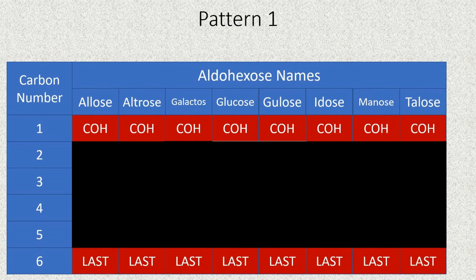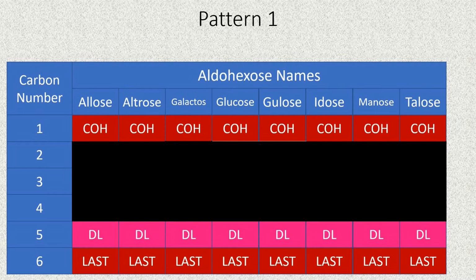The carbon number 6, the last carbon here, has 2 hydrogens attached to it. So there are a total of 3 different groups attached to the last carbon, and it is not involved in making any stereoisomers of the sugars. That's why we are not taking carbon number 1 as well as carbon number 6 in our patterns.